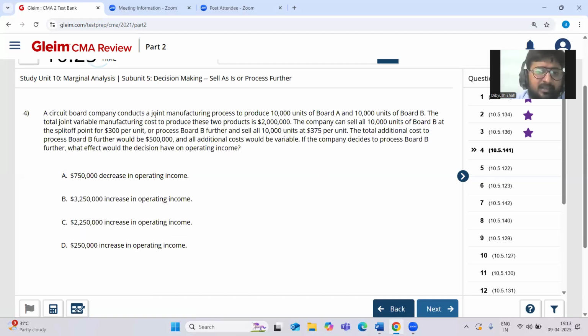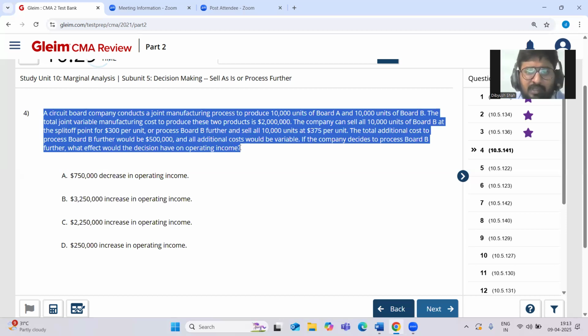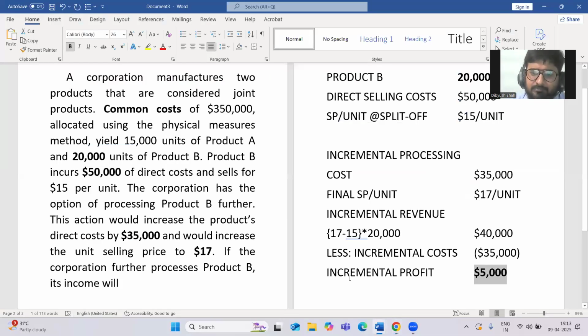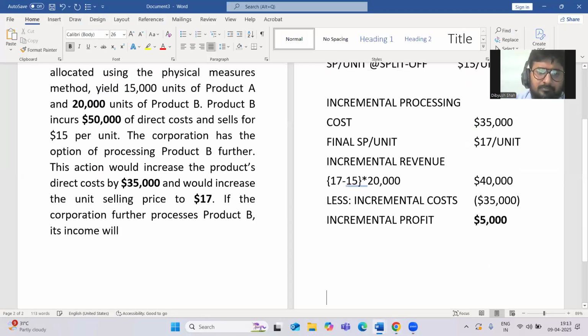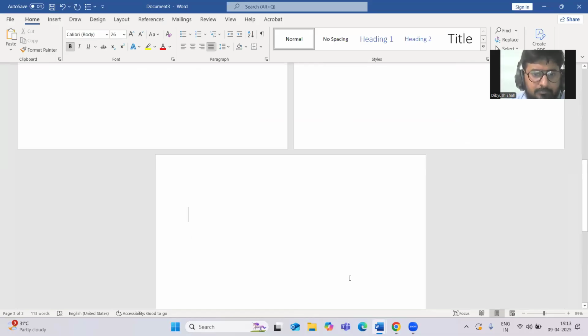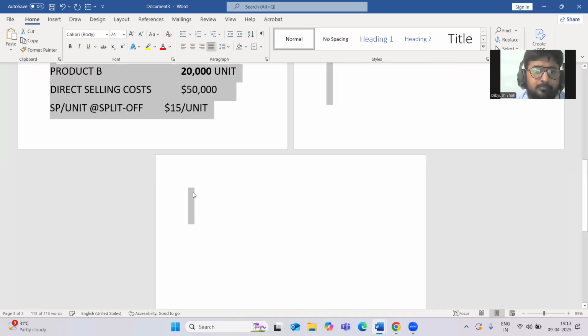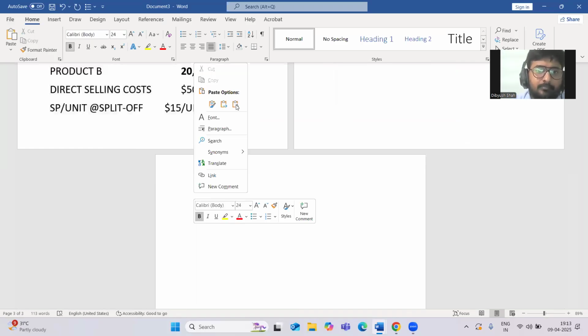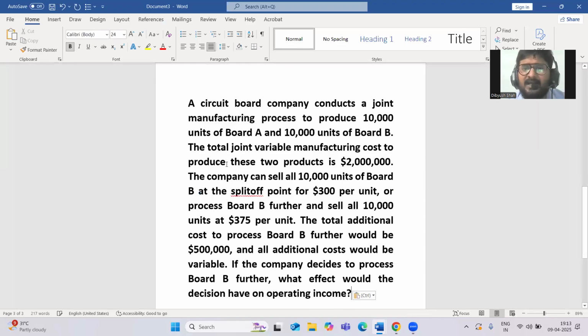Okay. Again, I should copy this question in Word and then solve it so you can also follow. A circuit board company conducts a joint manufacturing process.